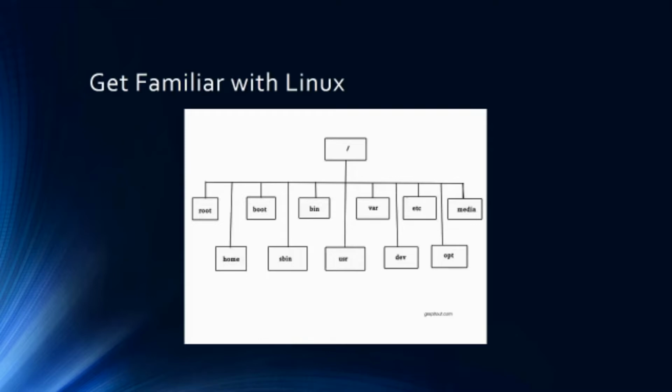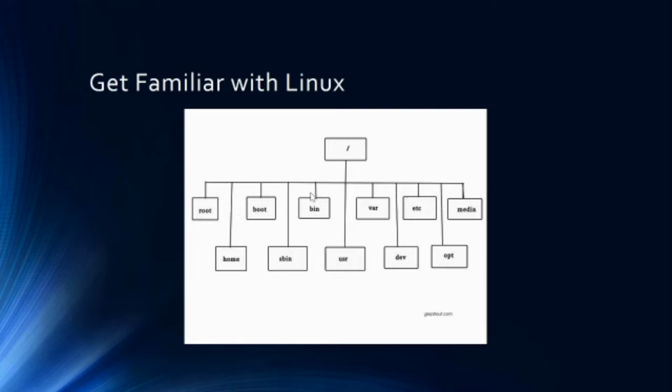We have another folder which is called bin, short for binary. This includes all the commands. So when you are typing a command in Linux, how can Linux execute it? Linux is an operating system that only understands 0 and 1, so how can it understand when you type list files, copy file, or move file? It has files that include all those commands translated into its language, and they are kept in the bin folder.